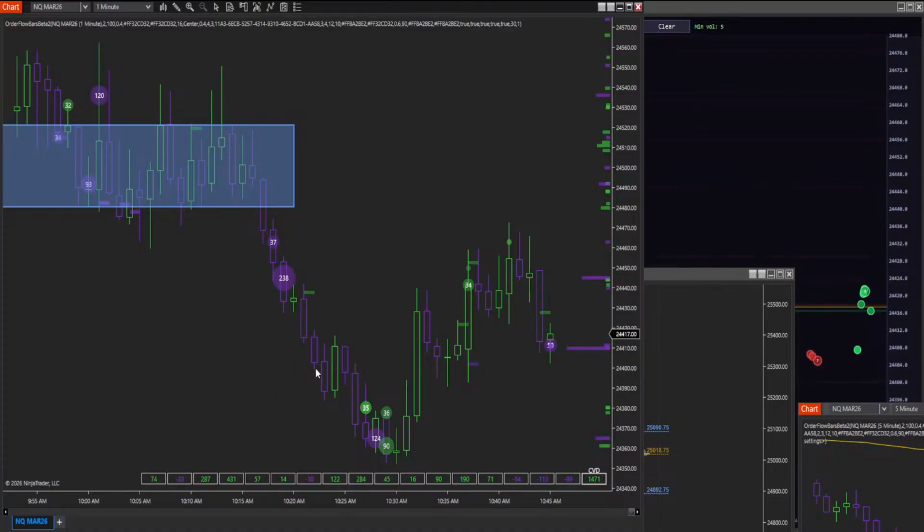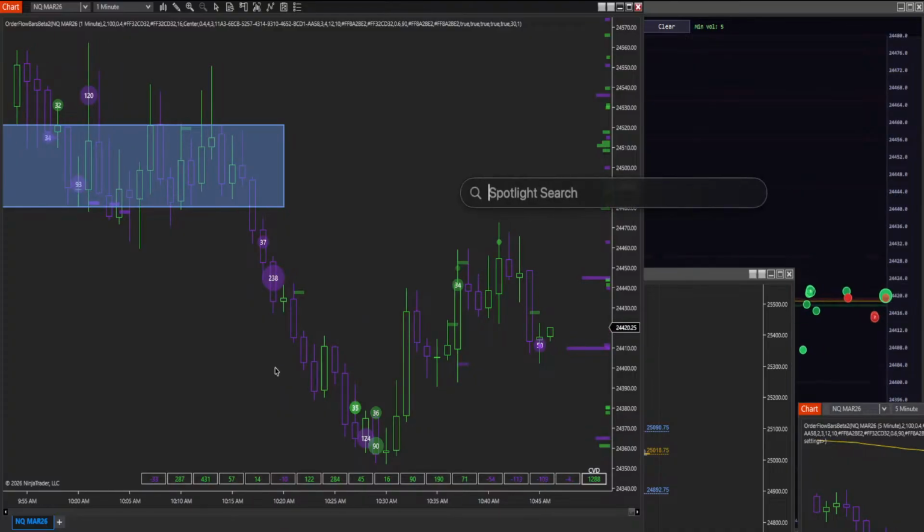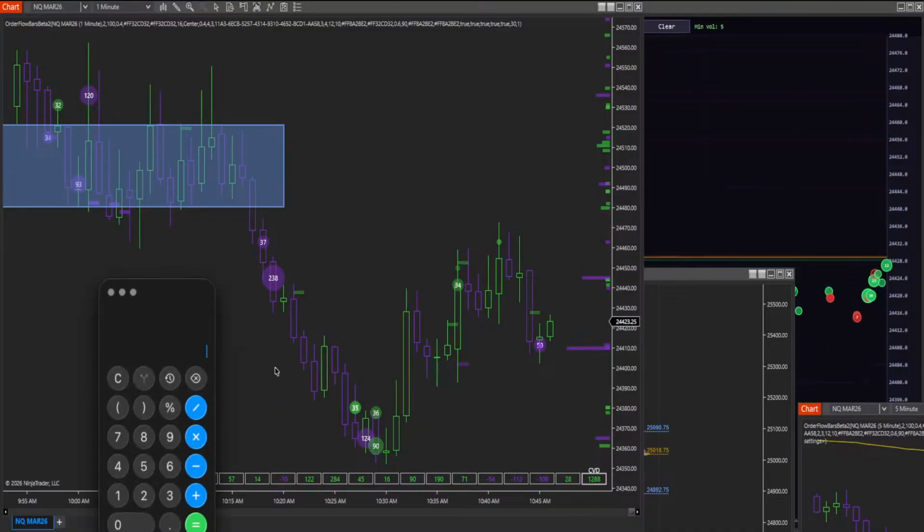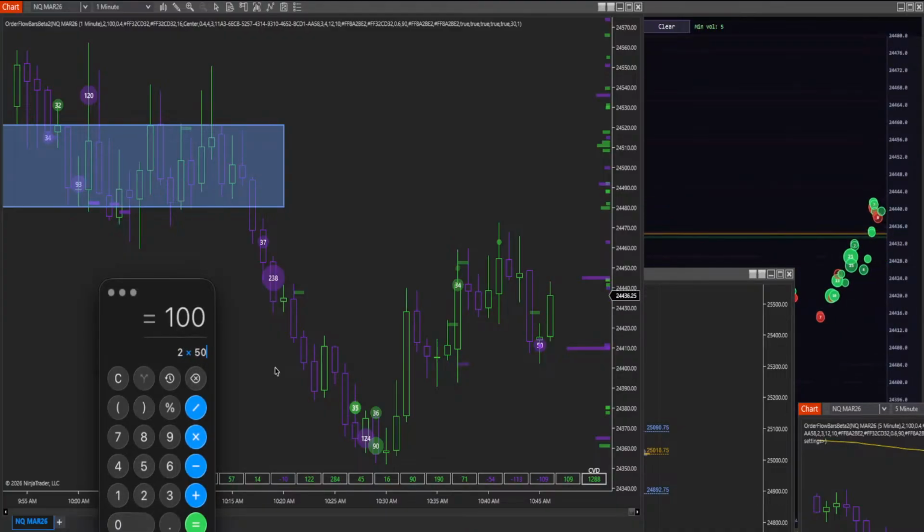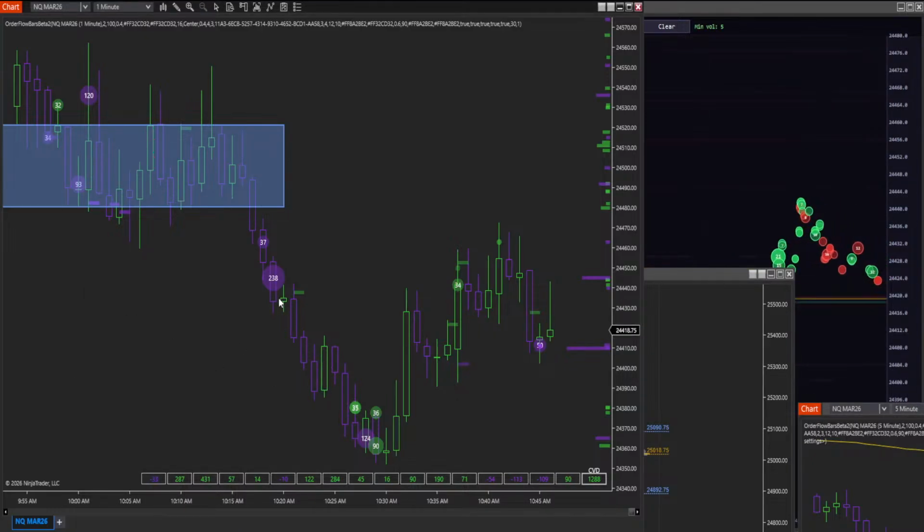Well, on one micro contract, 50 points is $100. You've got $2 times 50, that's $100 for one contract. Times 2, you've got $200. So you scaled in and then you scale out. You pay yourself right here, pay yourself a couple hundred.